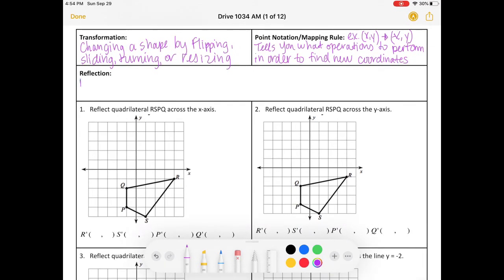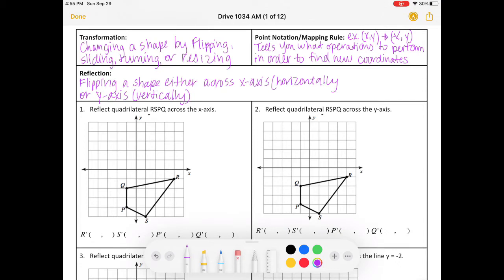So reflection is flipping a shape either across the x-axis, or think horizontally with that, okay? Or y-axis, so think vertically there.